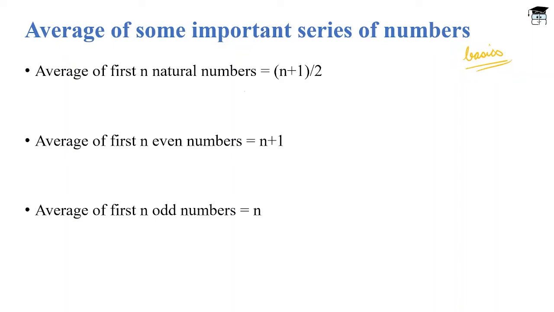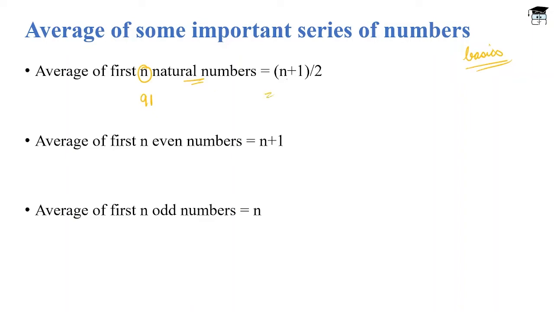Now we discuss that the average of first n natural numbers is equal to (n plus 1) divided by 2. Now what does this mean? Let us take an example. The question comes in your exam: what is the average of first 91 natural numbers?